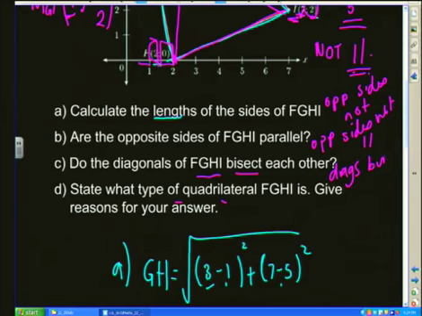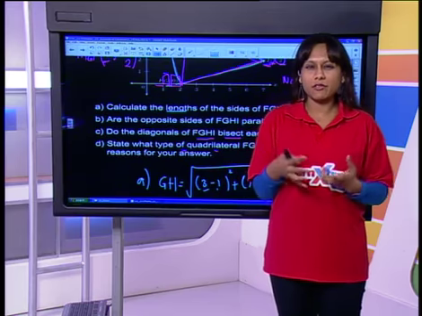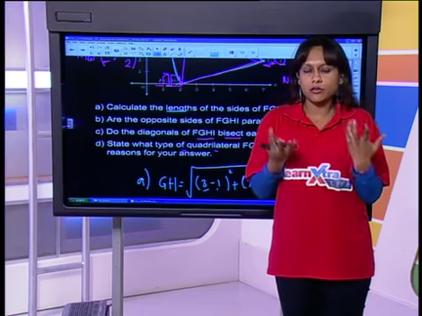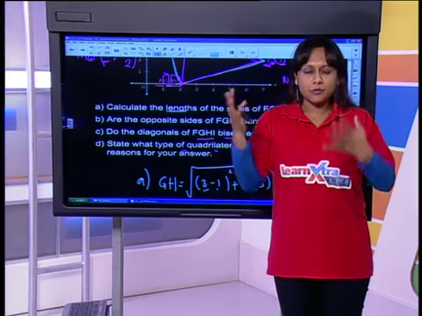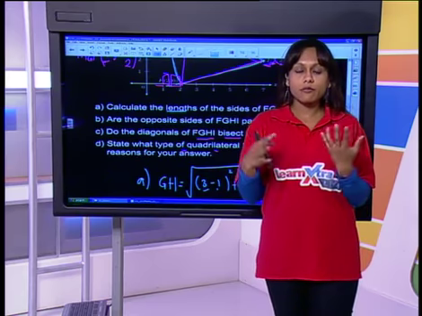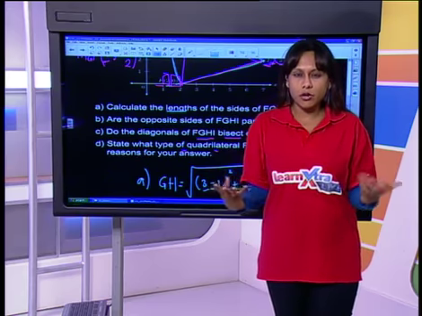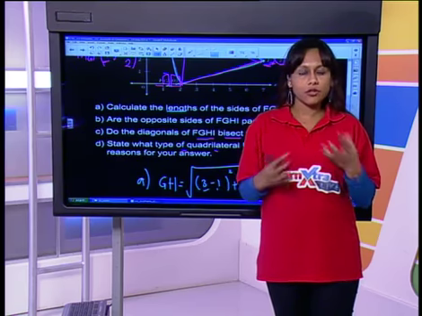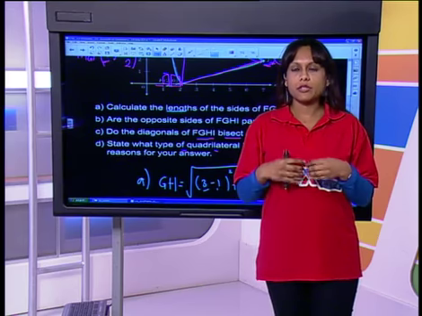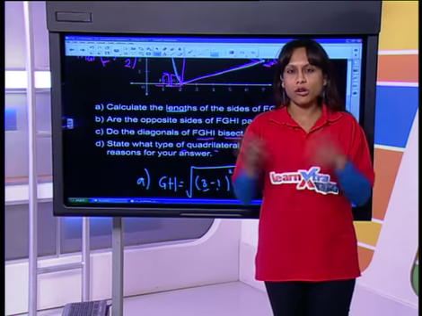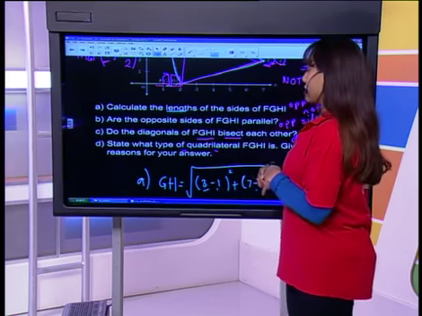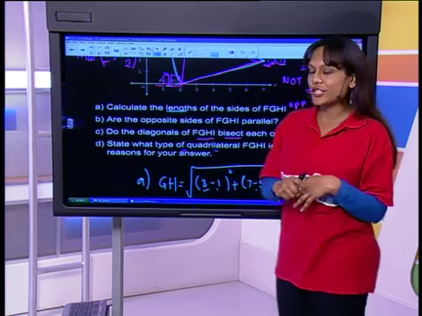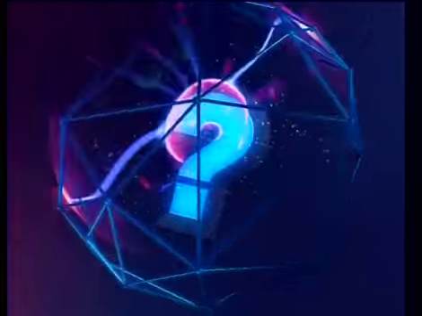So we already see that there's really nothing special enough about this quadrilateral to fall into the definitions of the special quadrilaterals we've done: squares, rectangles, parallelograms, and the rest of it. So therefore, this is just an ordinary quadrilateral, and the reason is it doesn't have any of those special properties that we associate with a special quadrilateral. So it's just an ordinary quadrilateral, this one, FGHI.